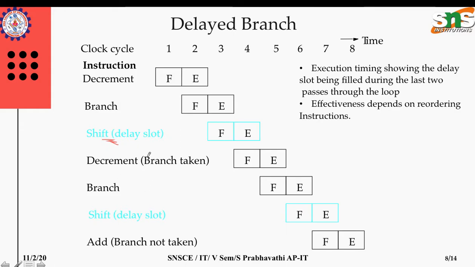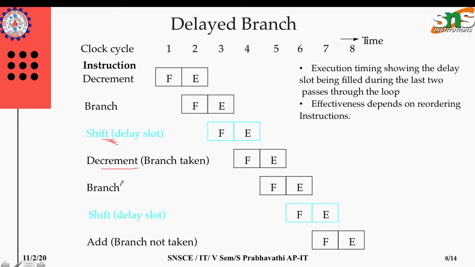So it means two times the shift has to happen, is it not? So see here, after executing the first pass, it goes for the second pass, and immediately after decrementing the second time, the condition will be true to come out of the loop, is it not?